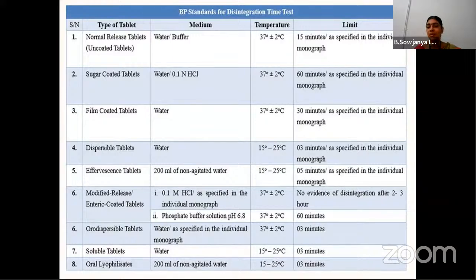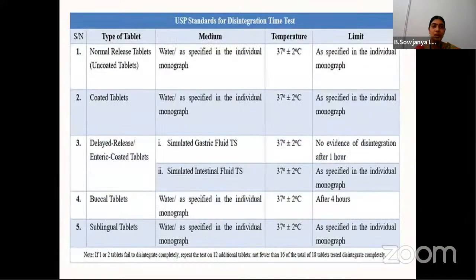So dispersible tablets and fast dissolving tablets disintegrate easily within 3 minutes, and also effervescent tablets. Here 200 ml of warm water is to be taken, with a temperature of 15 to 25 degrees centigrade. Within a span of 5 minutes, the drug gets disintegrated into fine particles. And also according to USP, for the sublingual tablets and buccal tablets the limit is 4 hours.